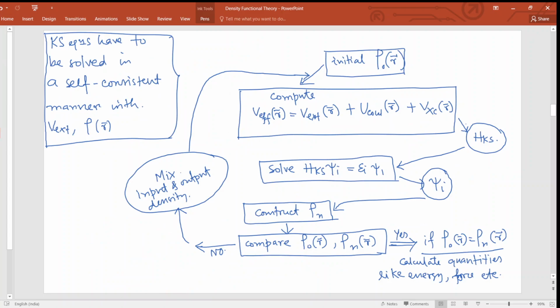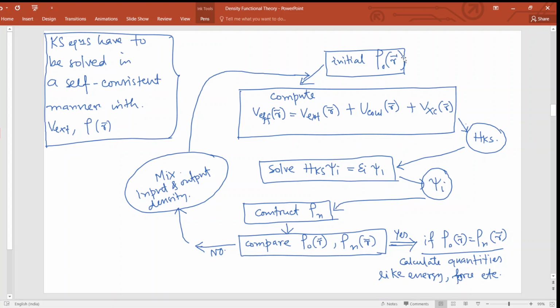Now let us see how exactly these calculations are done. Here these quantum equations have to be solved in a self-consistent manner with V external and rho of r. I have explained a little bit about this topic in the last class, so let us see how it is done.